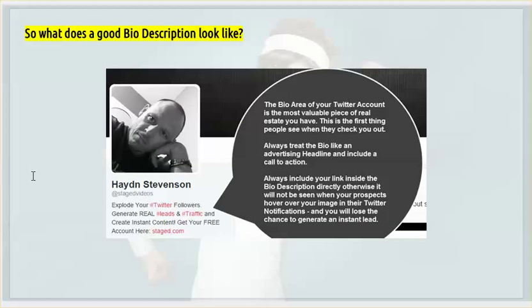Right here is an example of a bio, and I'm going to read it to you. Explode your Twitter followers, generate real leads and traffic, and create instant content. Get your free account here. But you'll notice something really important. He put a # in front of the keywords. Those are called hashtags.